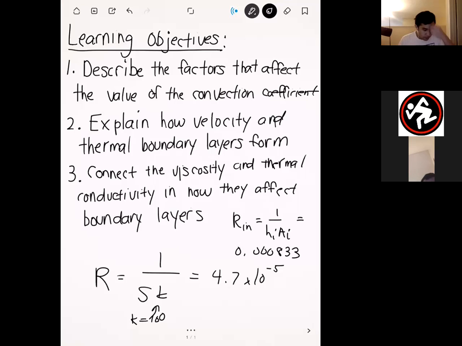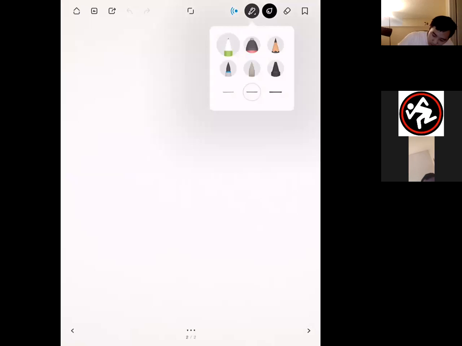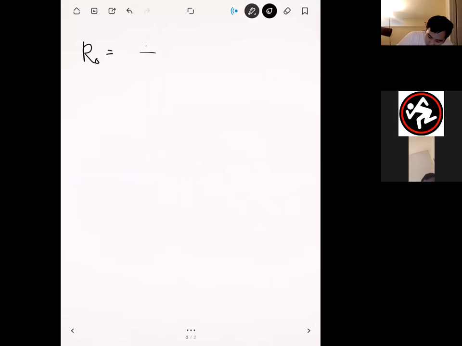And then for Ro, let me just turn the page. Ro is 1 over ho Ao, and from this you get 0.0023, correct? Yeah.